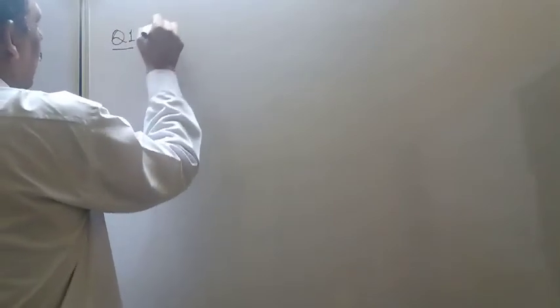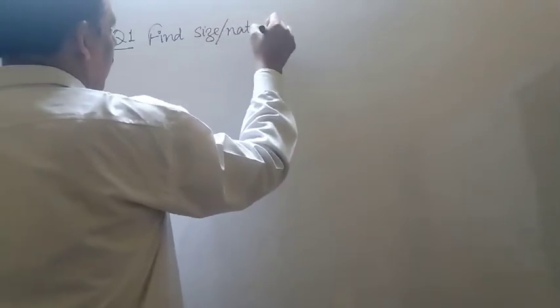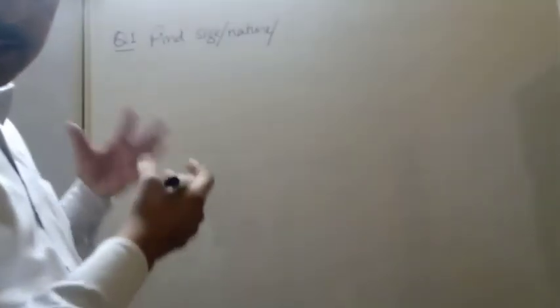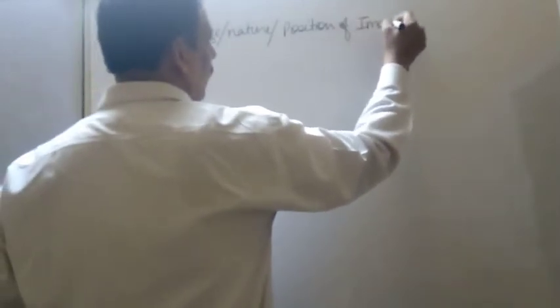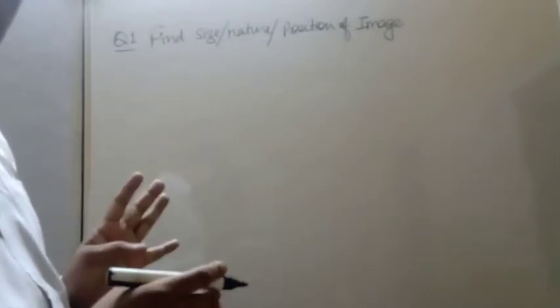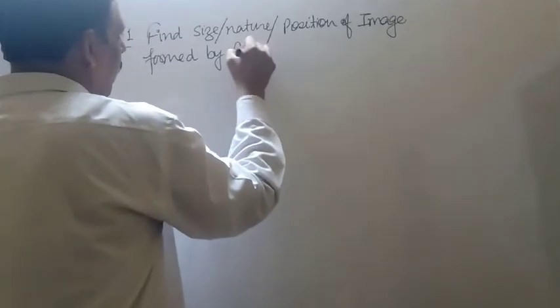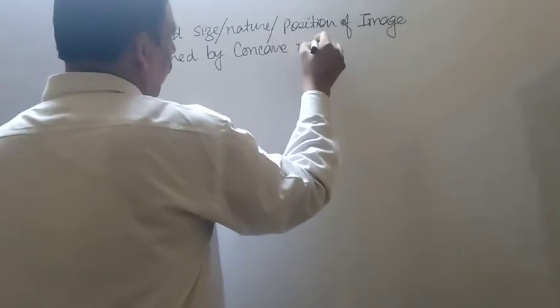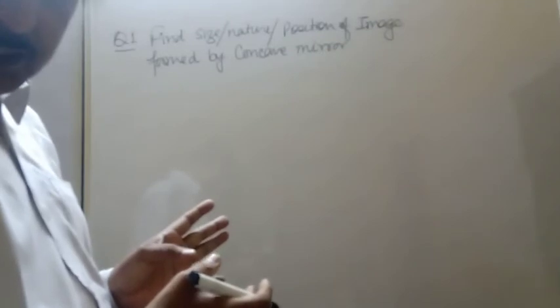Question 1: Find the size, nature and position of the image formed by the concave mirror, by using the mirror formula.